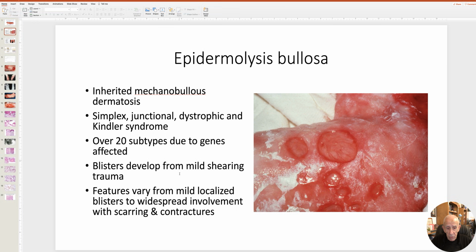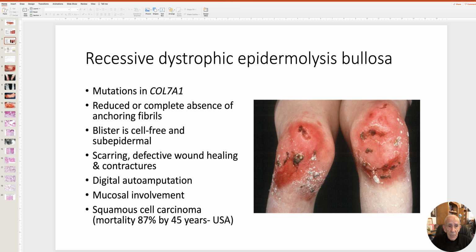Anyway, patients with recessive dystrophic disease can sometimes have more localized blisters, but in general, the blisters are widespread, and the patients, as a consequence of ulceration and inflammation, develop scarring and sometimes very severe contractures.